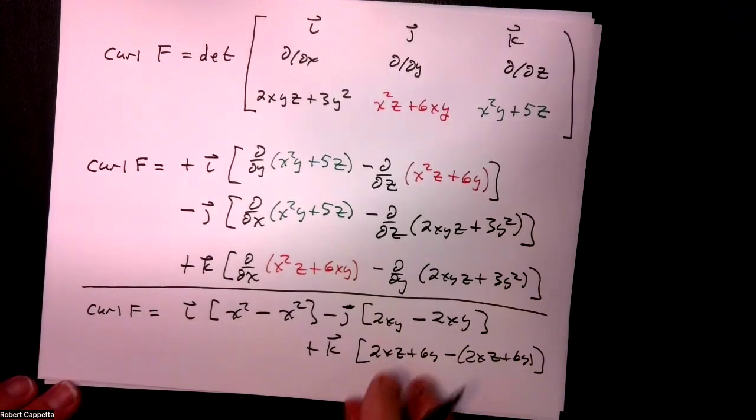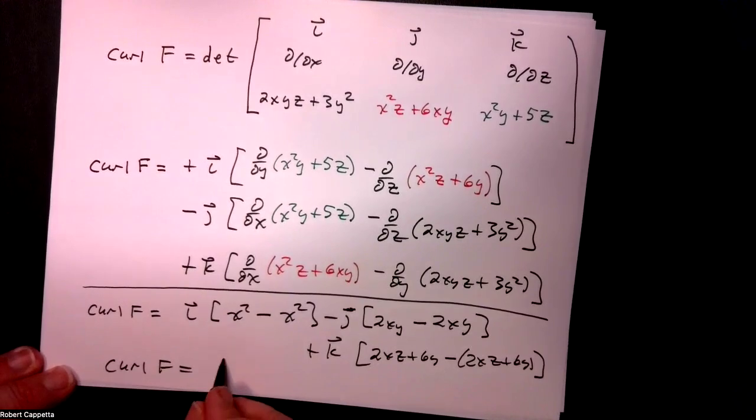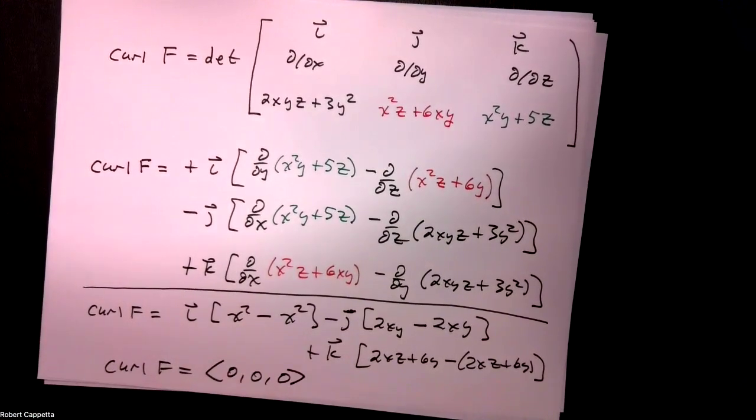And indeed, the curl is the zero vector, which proves that this vector field is irrotational. Therefore, it is conservative. Therefore, it has a potential function.